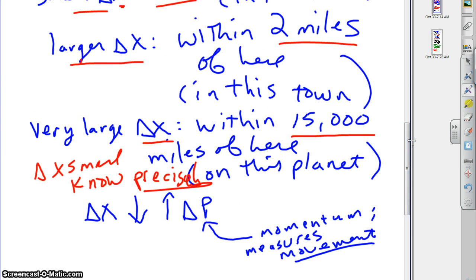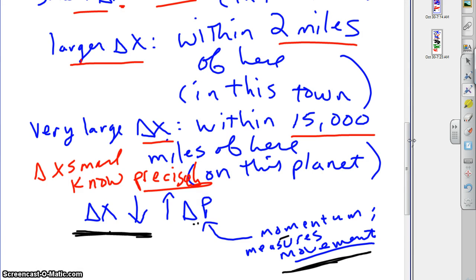Now, what the Heisenberg Uncertainty Principle says is that as that gets smaller, as you know more and more about where something is, then you must know less about the other number, delta p. Now p stands for momentum. It's the symbol for momentum. Don't ask why. But you don't even need to know much about that. Just know that we're talking about movement here.